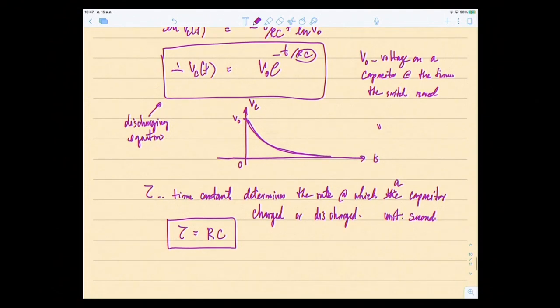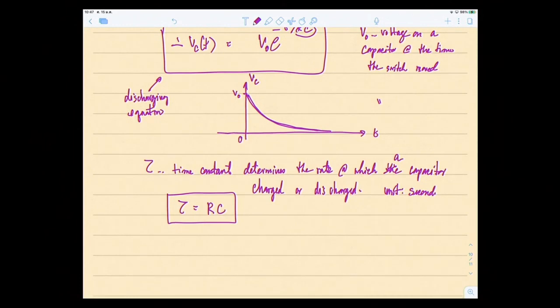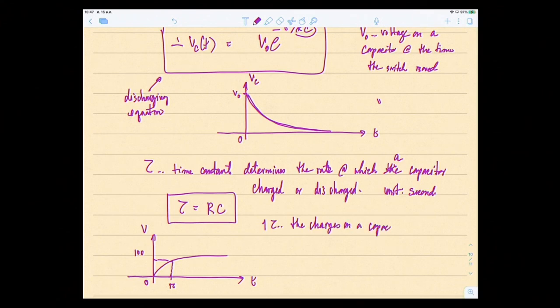So what does 1 tau mean then? If it determines how fast things change, let's say you are charging up to 100%. By a time of 1 tau, the charge on a capacitor changes by 63%.